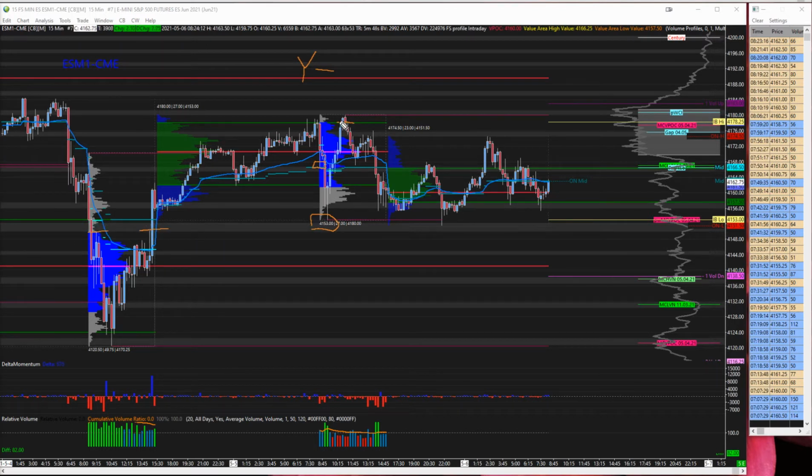Found our buyers, extended the IB high just by a few ticks, returned to the mid, so we returned to the VWAP, flagged, pushed lower and closed in a downward distribution.